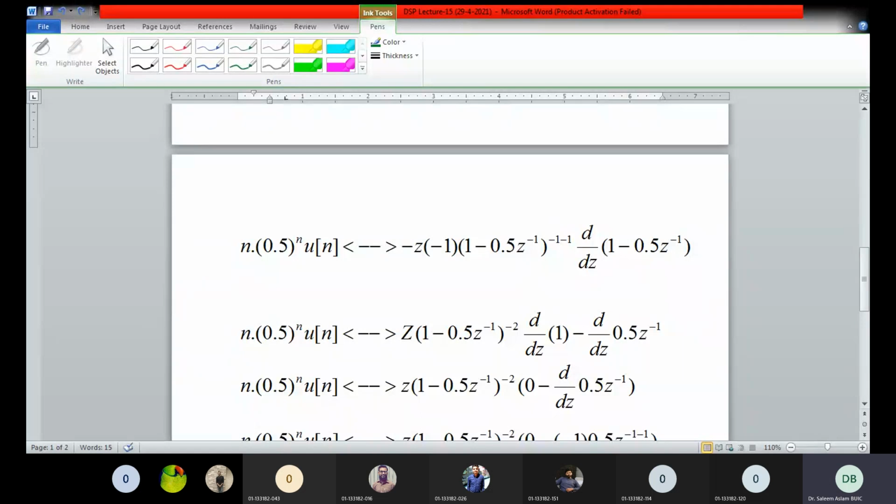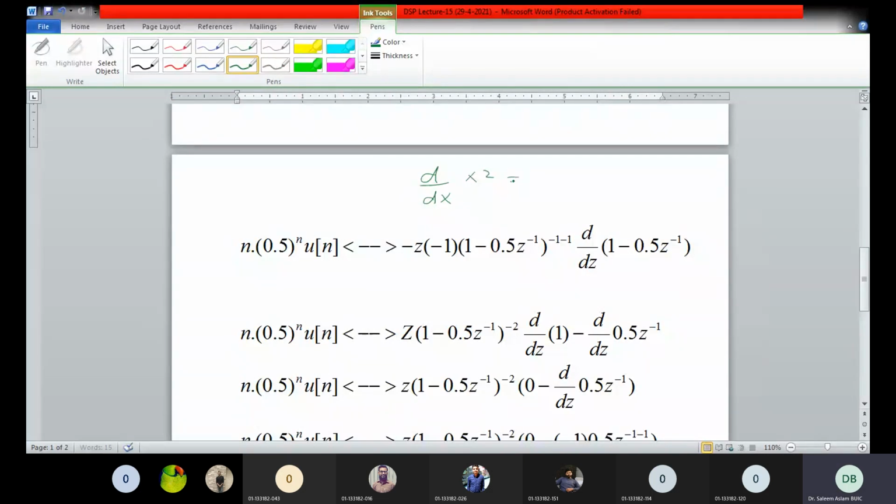Then you need to differentiate with respect to z again. If you are asked to calculate d by dx of x to the power 2.